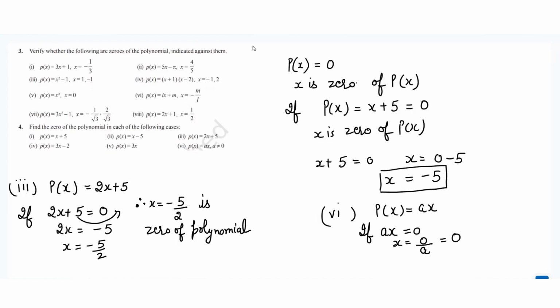Because in the question they have already given that a cannot be equal to 0. That means a can be a negative number, a can be a positive number. So 0 divided by any number is equal to 0. Therefore, we can say that 0 is the zero of the polynomial P(x) here. I hope you understand the questions very well.